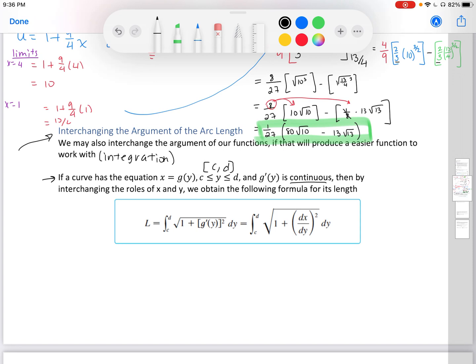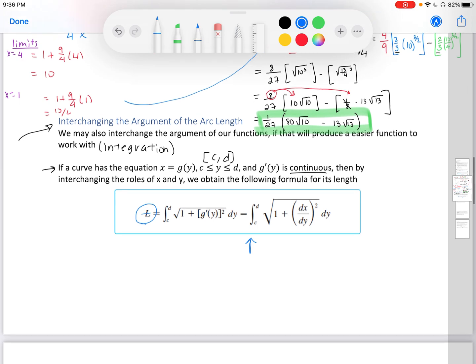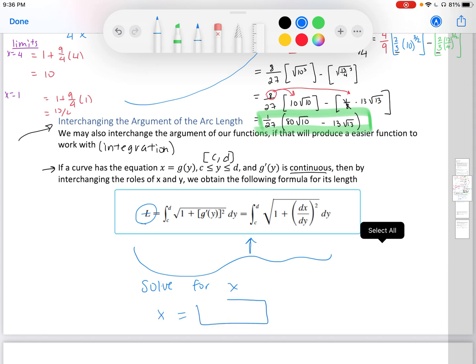So our length is our integral from c to d of the square root of 1 plus our derivative in terms of y squared dy. So in other words, when you work with these, you solve for x. You have x equals that's solved, and you're working in your y variable.